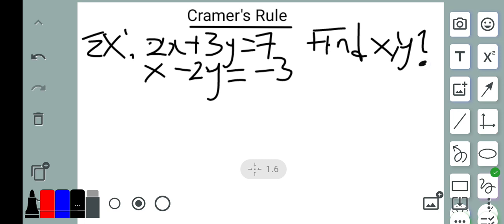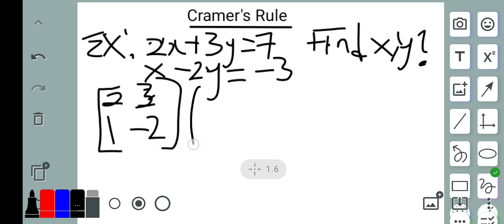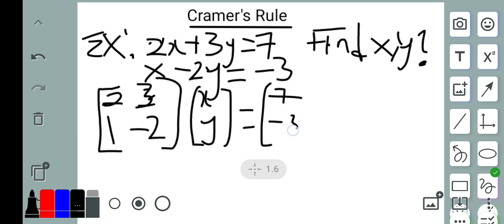First of all, we need to convert this to matrix form. It will become something like 2 3, 1 minus 2. These are the coefficients of x and y, and then we have x, y equals 7, minus 3.